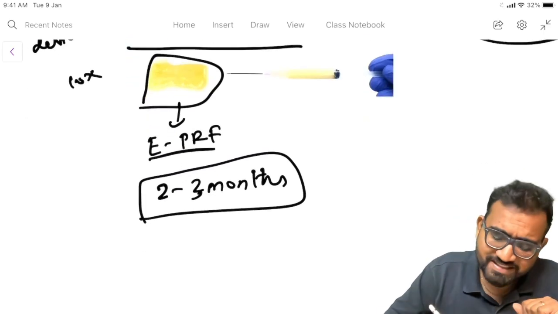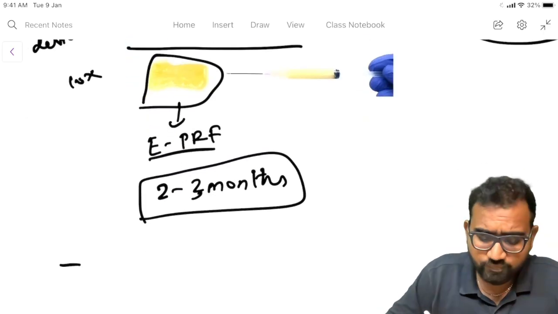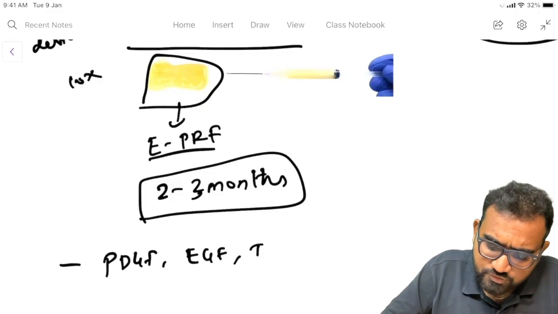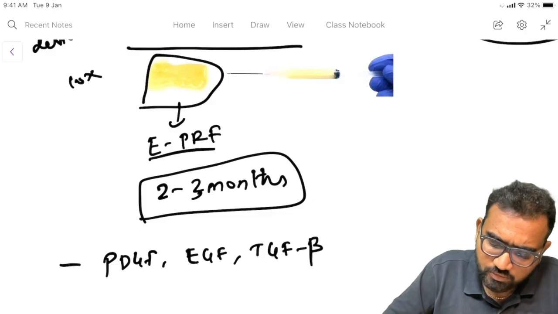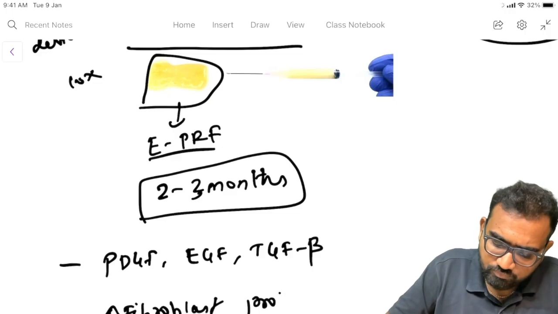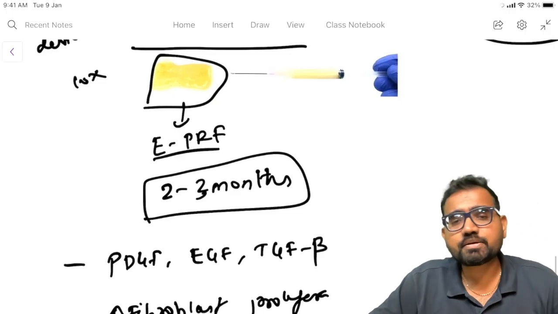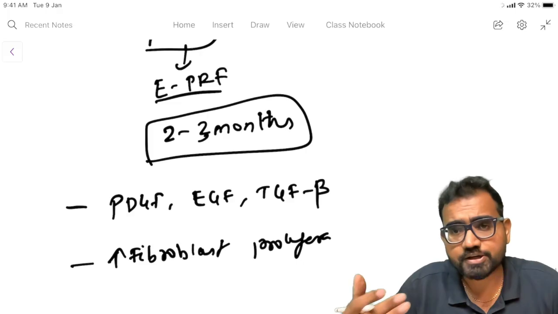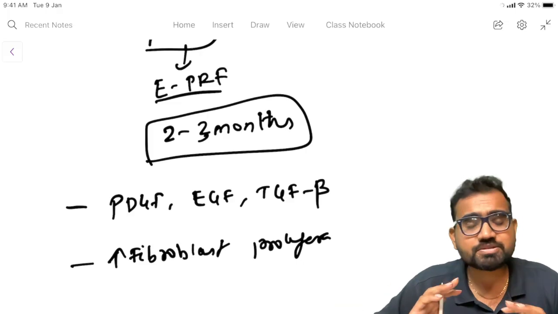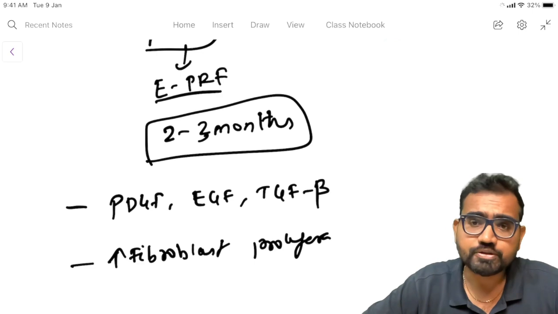E-PRF releases a lot of growth factors: platelet derived growth factor, endothelial growth factor, transforming growth factor beta, and it also increases fibroblast proliferation. I can use it in any augmentation procedures and substitute it for collagen because it has a resorption rate of 2 to 3 months.